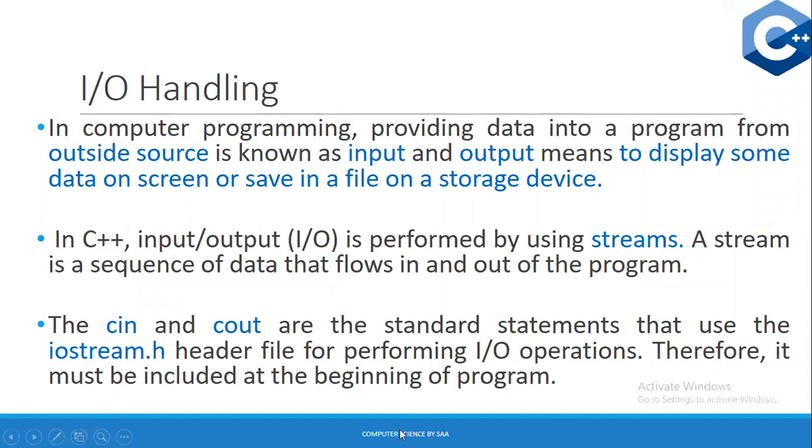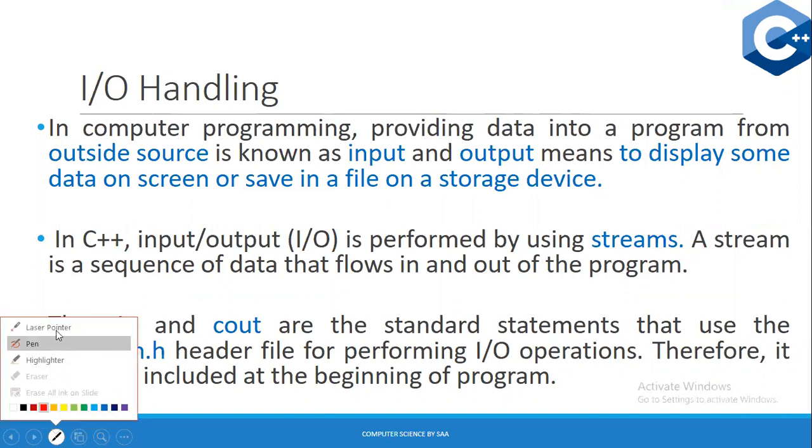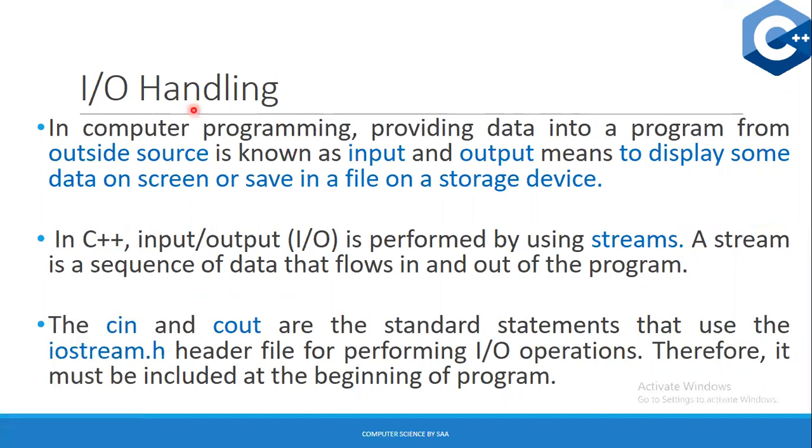So, I/O handling means we have to enter data into the program from an outside source, that is input, and output means to display some data on the screen or save a file on a storage disk or a storage device.